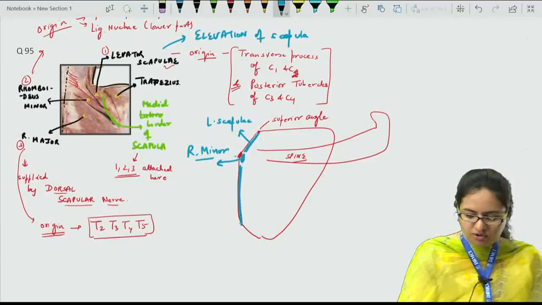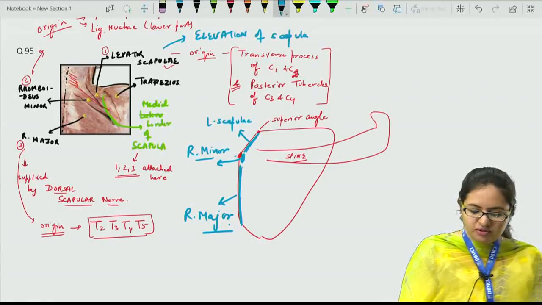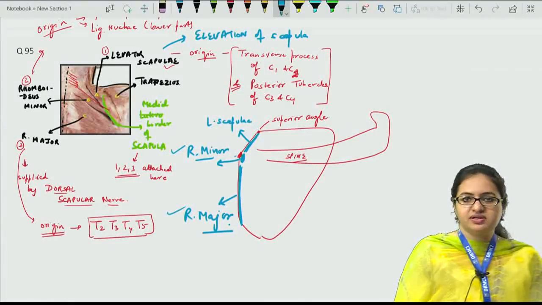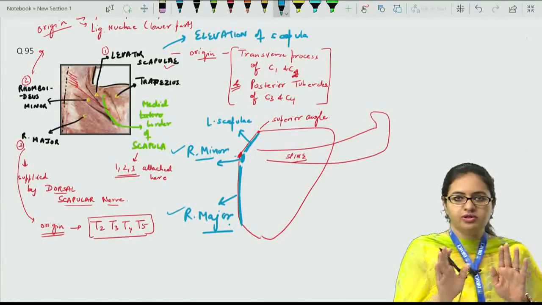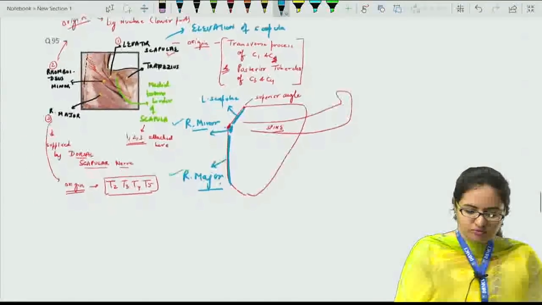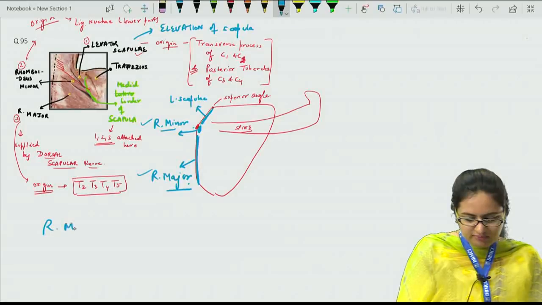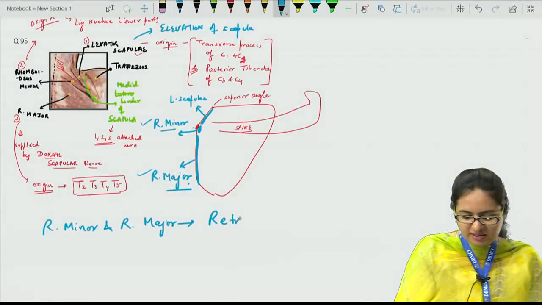The rest of the medial border gives attachment to the rhomboides major muscle. Due to the attachment of rhomboides minor and major, these help in the retraction of the scapula, or bringing the scapula towards the midline.